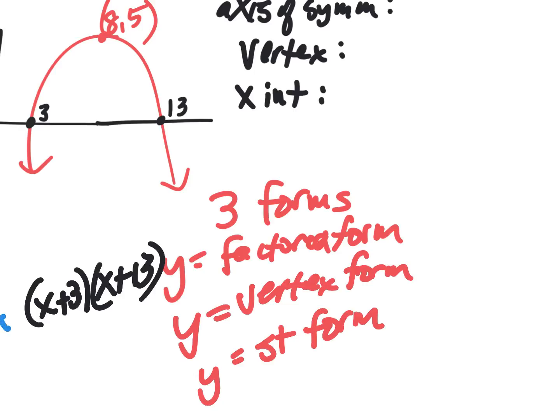And then the answers look kind of like that. And then the vertex form, again, wrong on purpose. Remember how those look? Then you multiply one out.